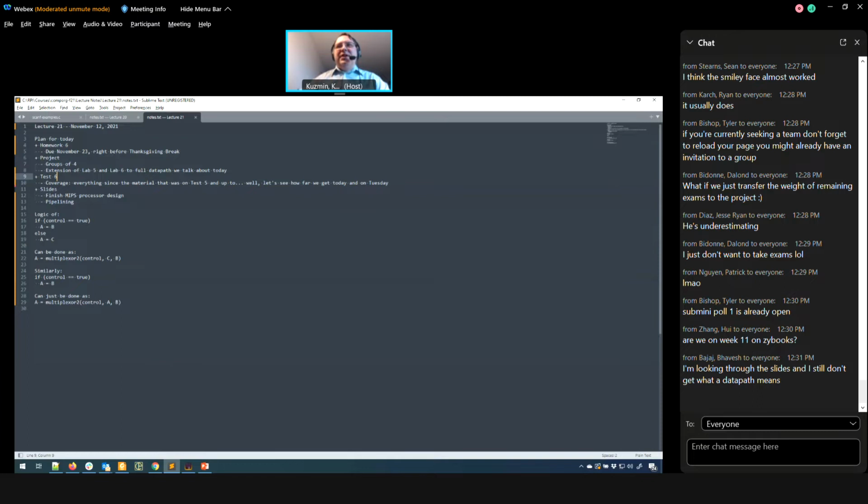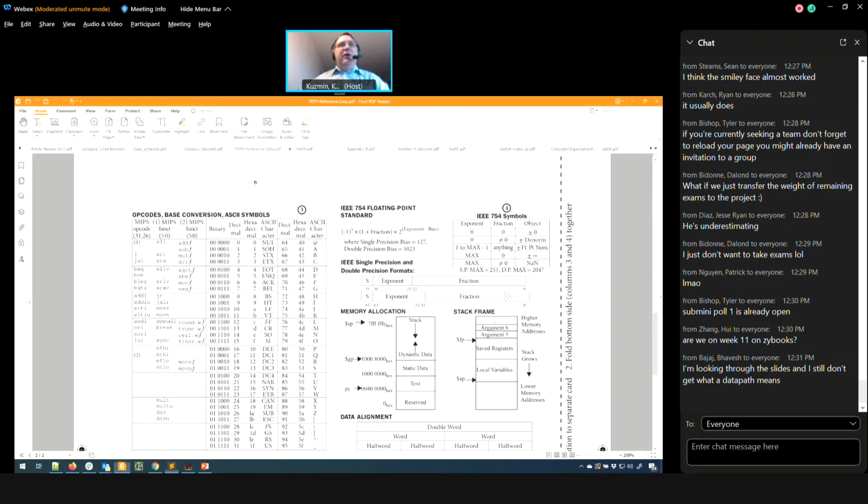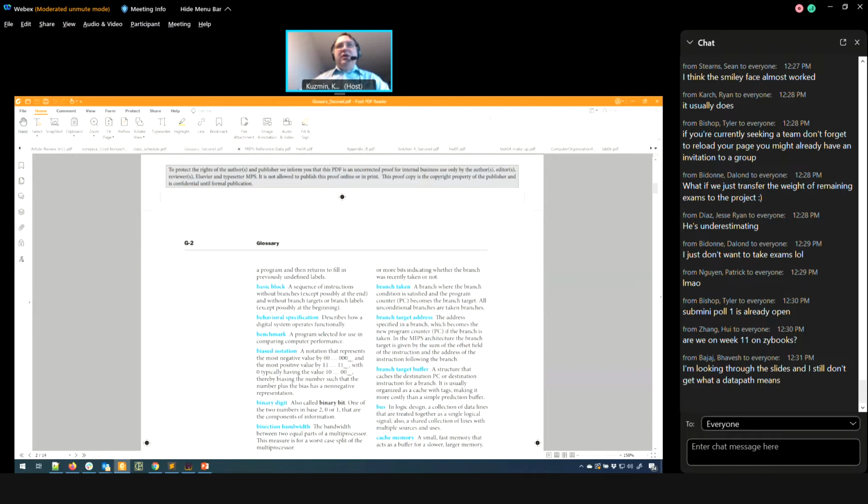I'm looking through the slides and I still don't get what a data path means. Well, it's something that I can explain to you in office hours if you stop by, or you can look at the textbook. If you noticed, I posted a bunch of materials that are available publicly to accompany our textbook, and there are extra chapters and extra material, and there's also a glossary.